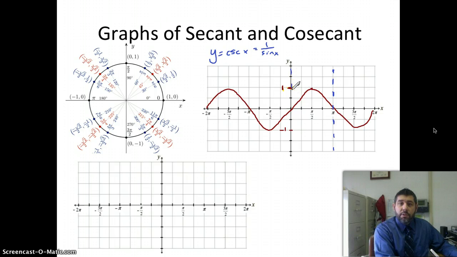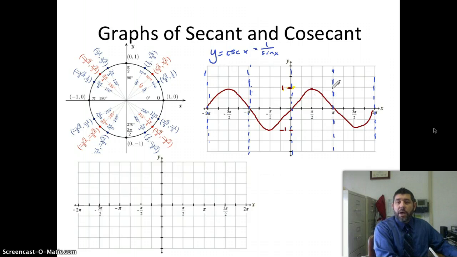So now if you weren't in my class or weren't watching, or I didn't go over those videos step-by-step graphing with reciprocals, you can go back and take a look at that video. Or you can just see that where these are 0, that would make the denominator 0, which would make this undefined for cosecant.